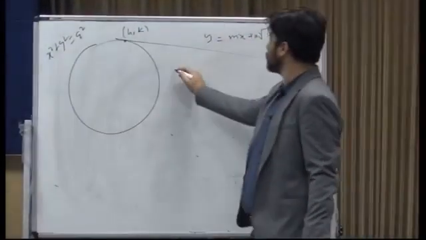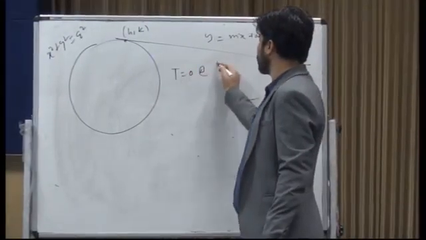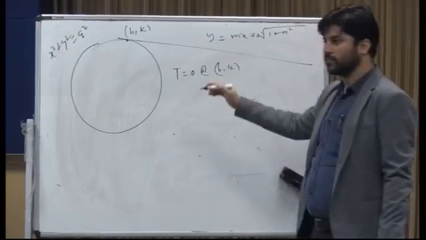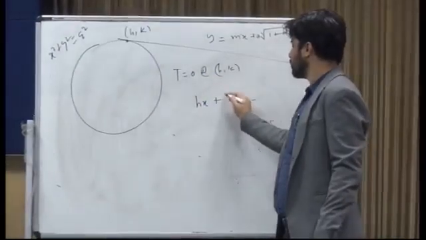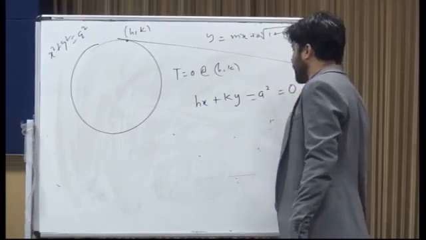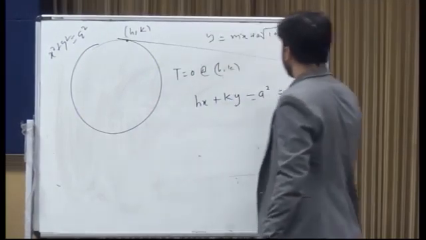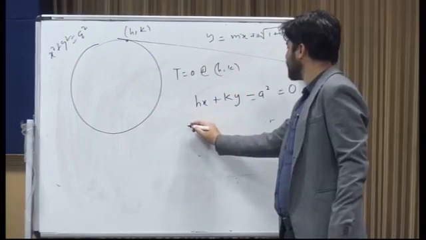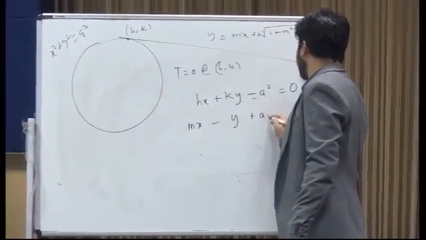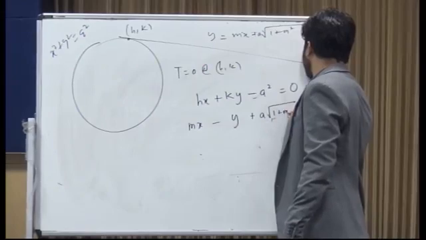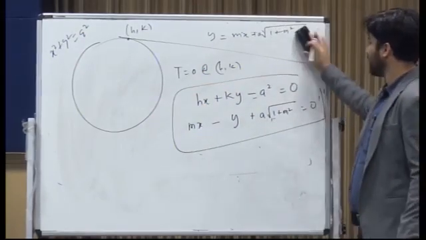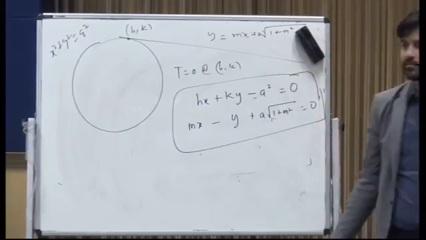What will be t is equal to 0 at h, k? क्या होगा? hx minus a square is equal to, और इसको मैं फिर से लिखूं रीअरेंज करके, तो mx minus y plus a into, these two equations are basically same.